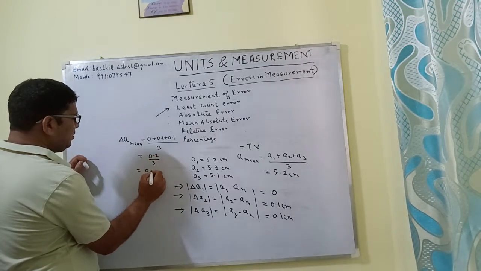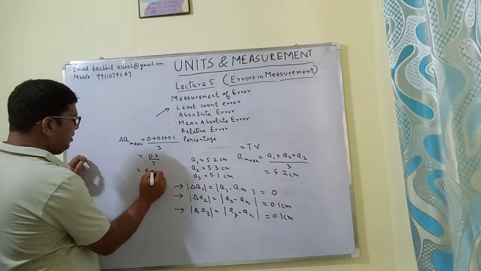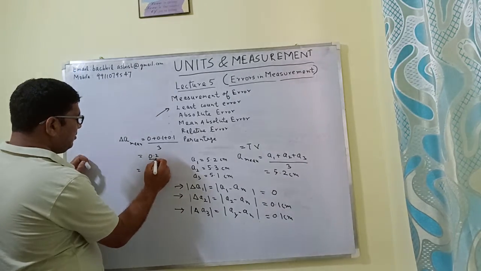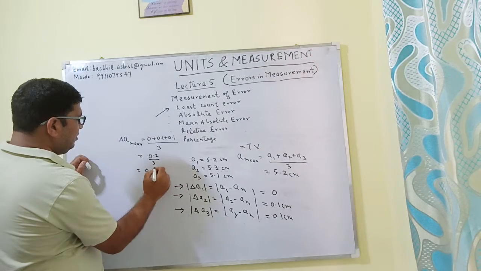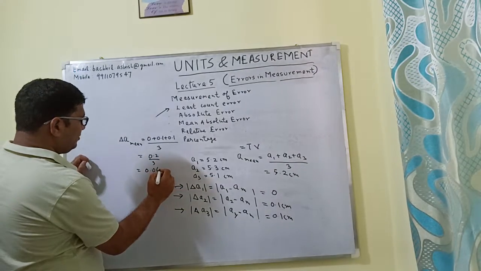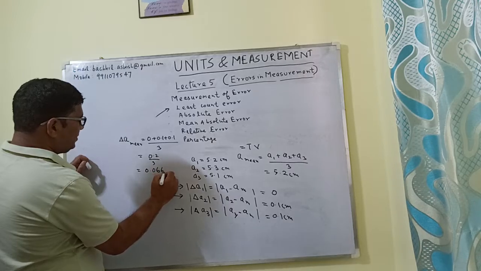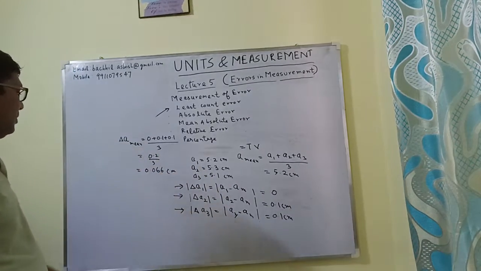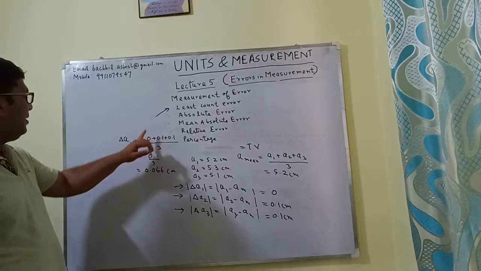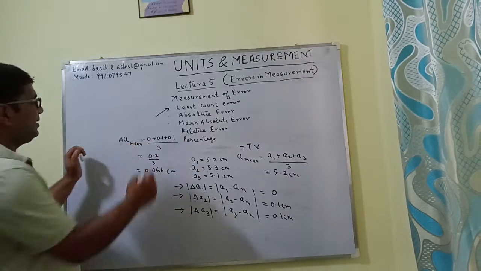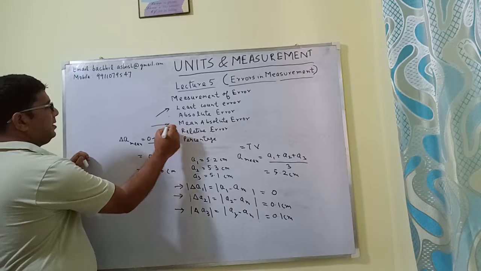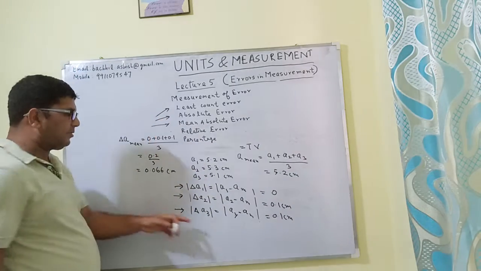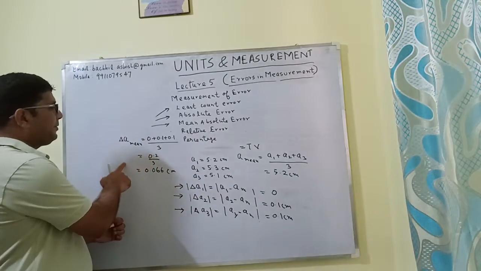So this is equal to how much? 0.06 centimeter. Okay. So this is the mean absolute error. Absolute error is this one, which we have just calculated here. This is the mean absolute error.